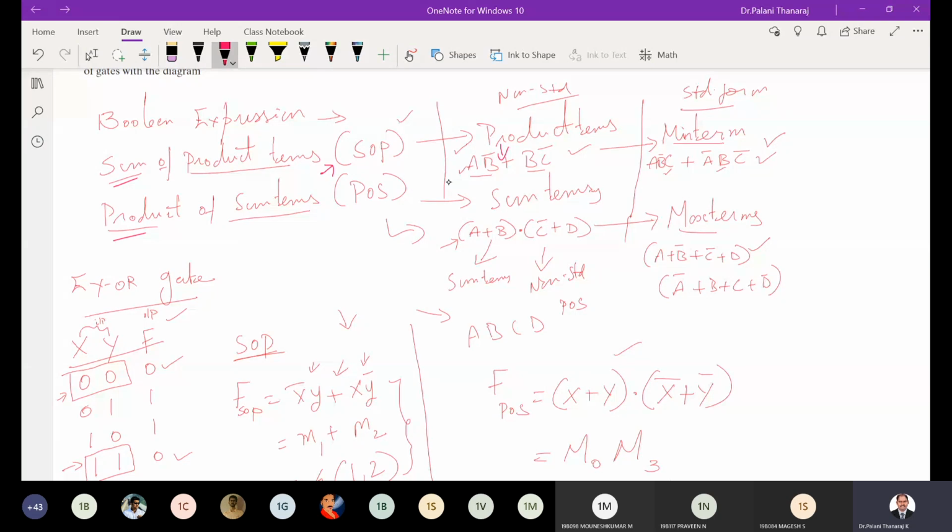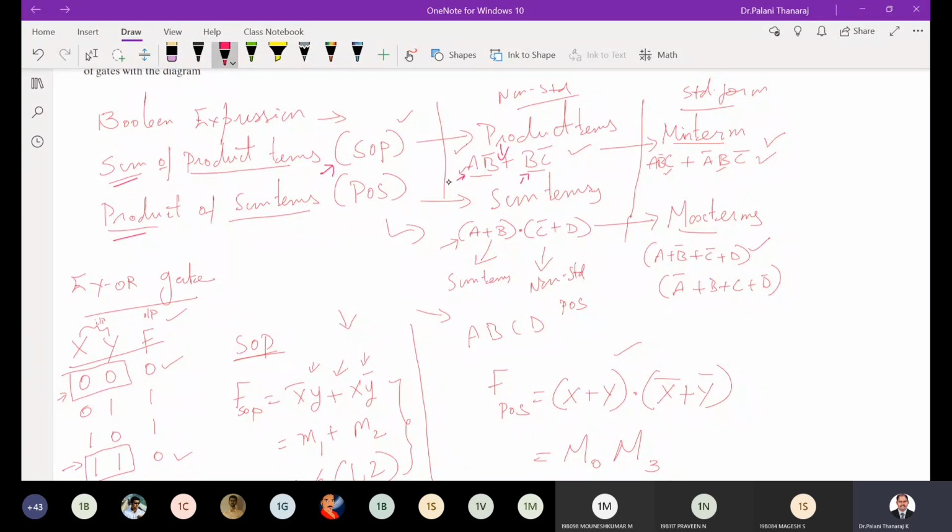So this is a sum of product terms. Each element is a product term, and you combine them using Boolean addition. So this is actually non-standard.